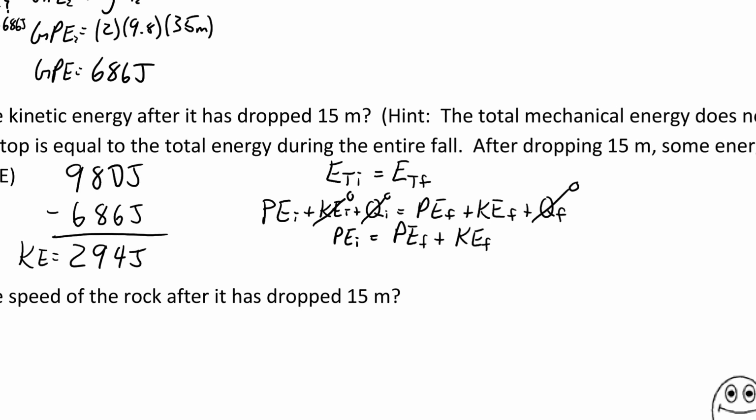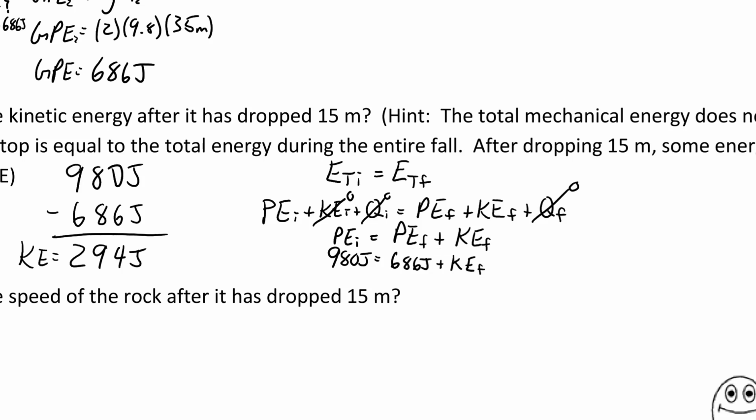The initial potential energy we said was 980 joules. Then we calculated it up here in the second situation where it's 35 meters above the ground. You only have 686 joules of potential energy plus whatever kinetic energy you have. That's the total energy in the final situation.